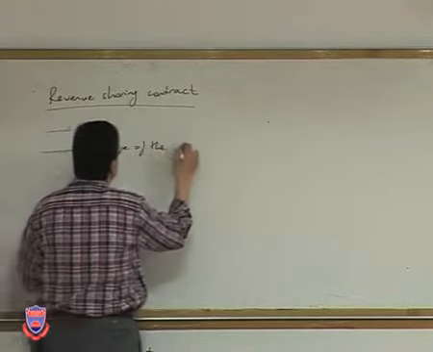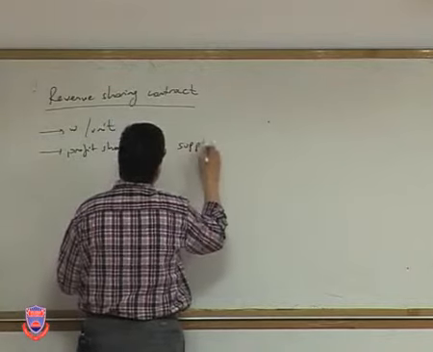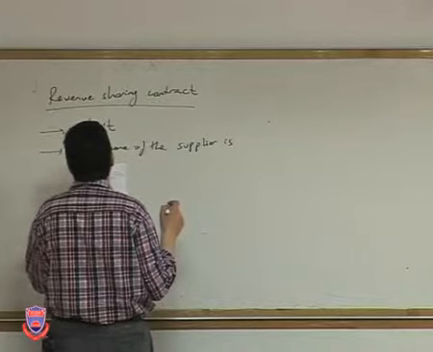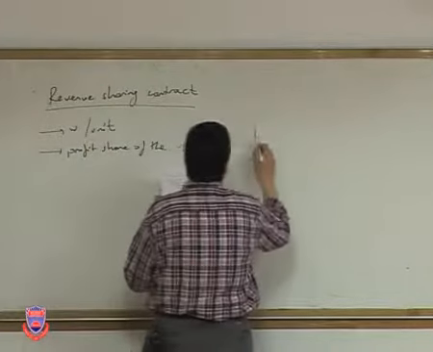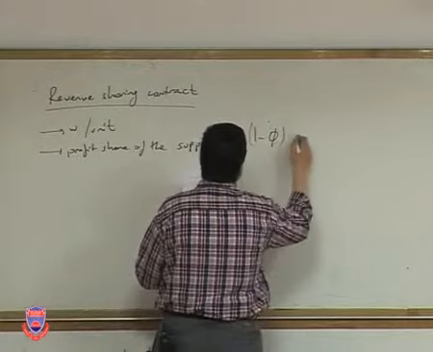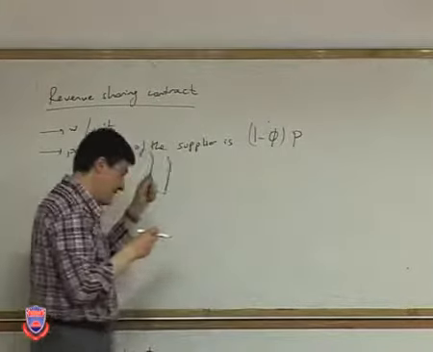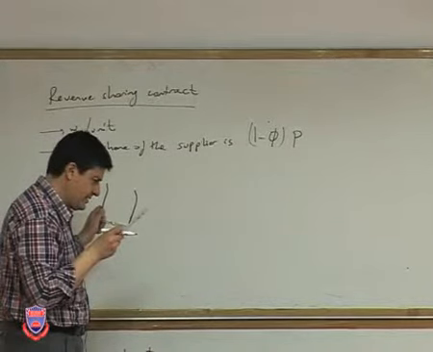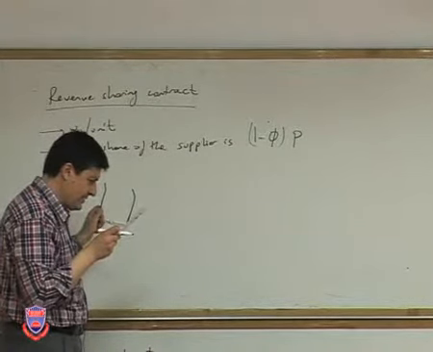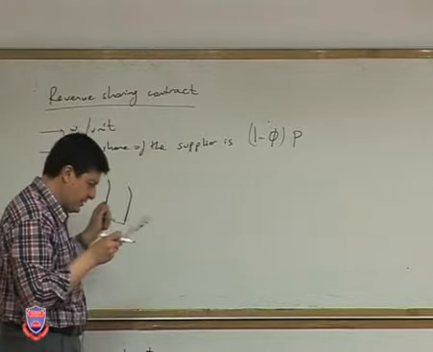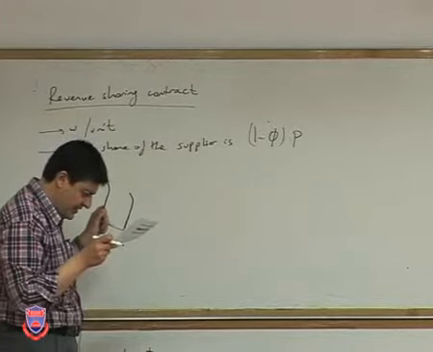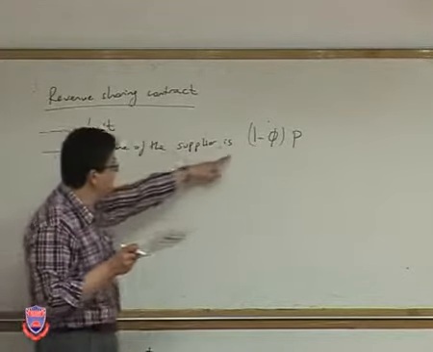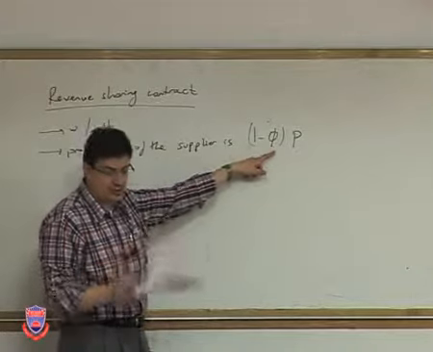of the supplier is one minus phi times P. Okay, so this is the share that you give to the supplier.